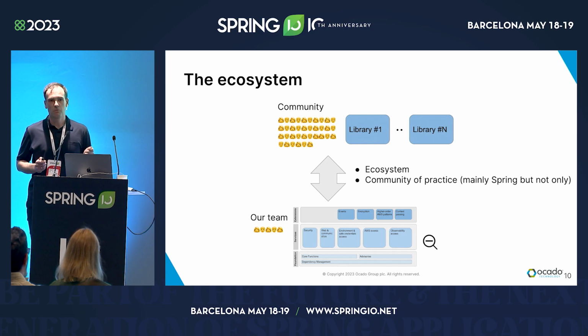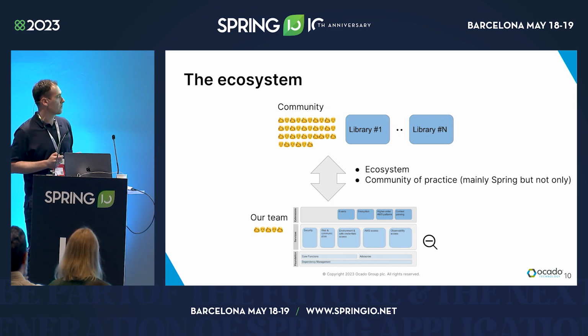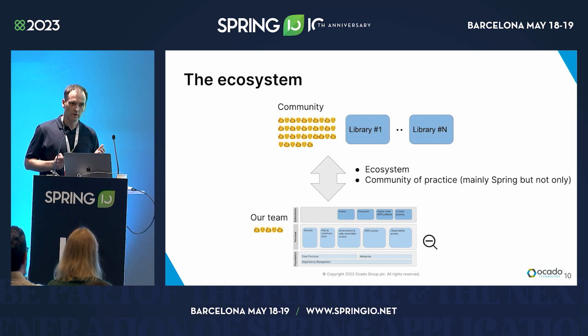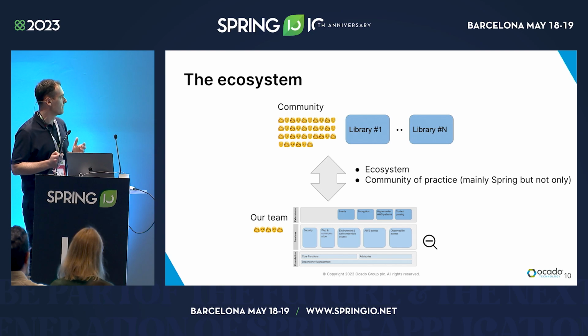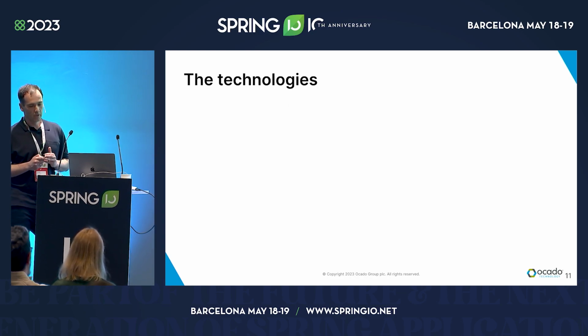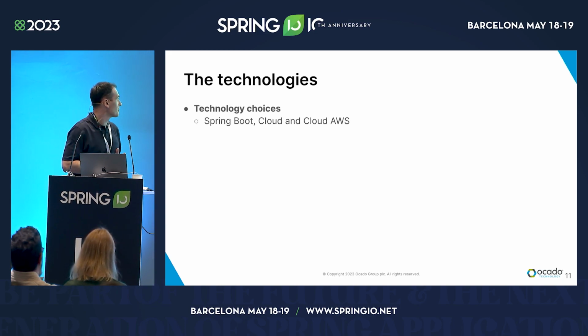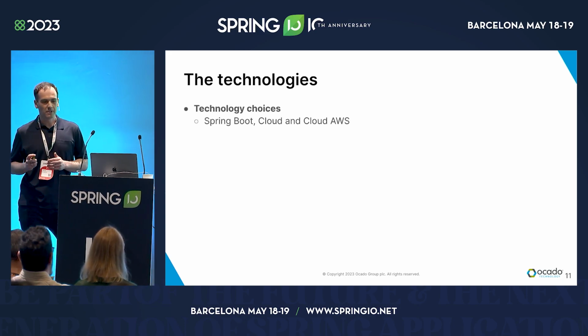So we blog together, we have exchange of practice also with the Scala guys, with the Python guys. There's a lot going on. Discussing whether reactive is a thing, whether native is a thing. We keep in this constant contact. The technologies we chose, marketing alert, Spring Boot, Cloud and AWS, but it actually works.